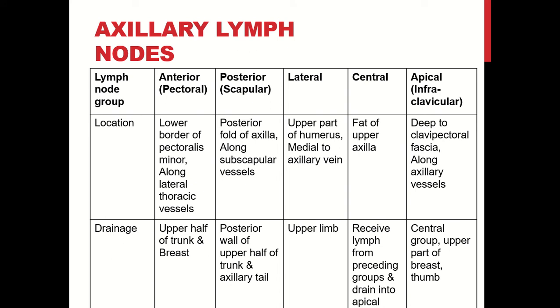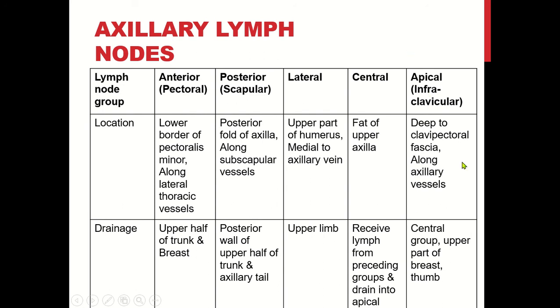Now we will see about the drainage of these axillary lymph nodes. Anterior group drains upper half of trunk and breast. Posterior group drains posterior wall of the upper half of trunk and axillary tail. The lateral group drains upper limb, and the central group receives lymph from preceding groups and drains them into the apical.